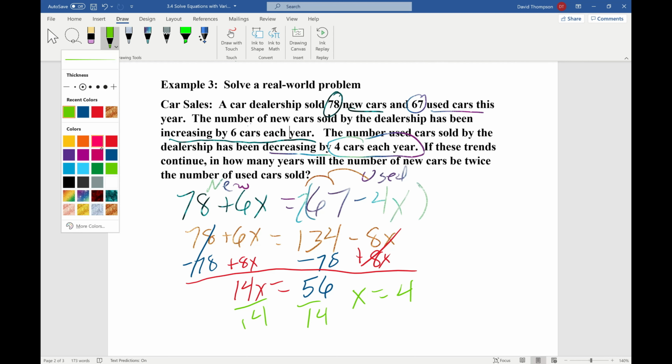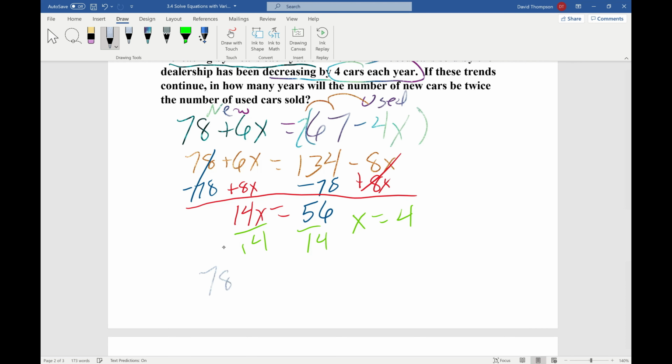If we want to double check, we just plug back into our original equation. That's going to be 78 plus 6 times 4 equals 2 times (67 minus 4 times 4). 78 plus 6 times 4 is 24, equals 2 times (67 minus 16). 67 minus 16 would be 51, so 2 times 51.